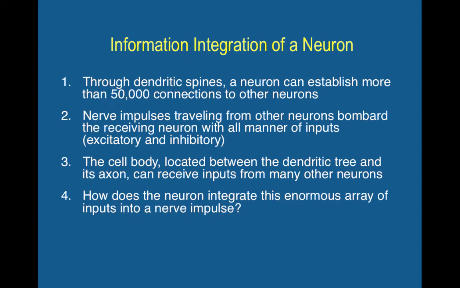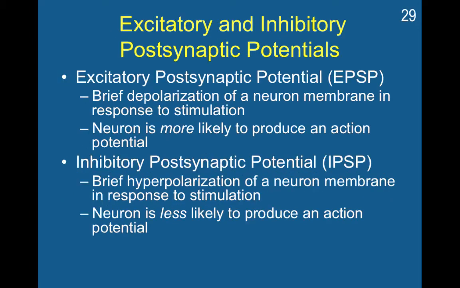So how does the neuron integrate all of the excitatory and inhibitory signals that come into a nerve impulse? Well, first, let's go over a little bit of nomenclature. Excitatory input is known as excitatory postsynaptic potential, or EPSP.